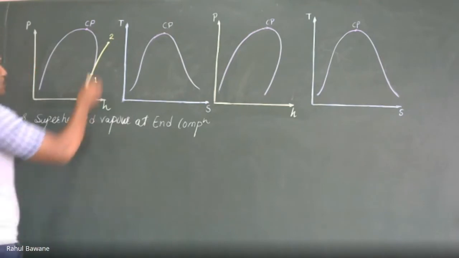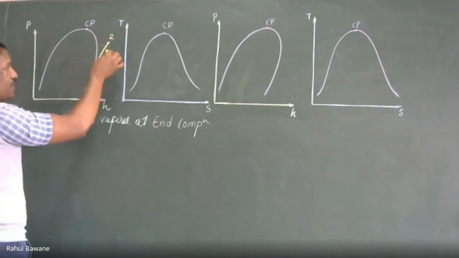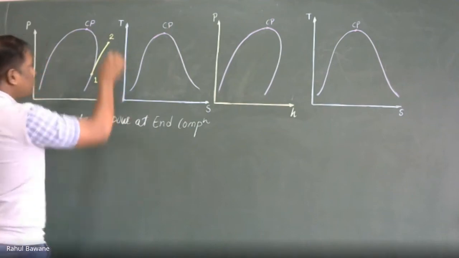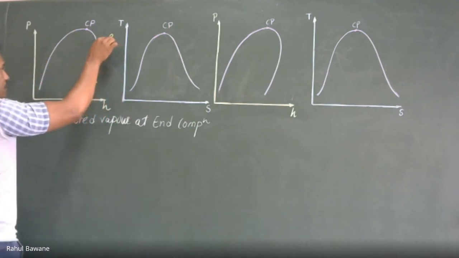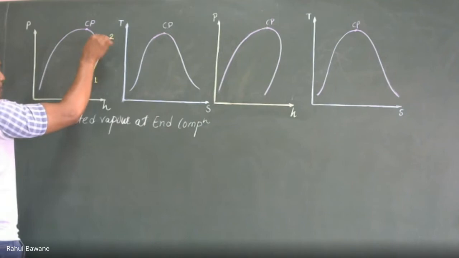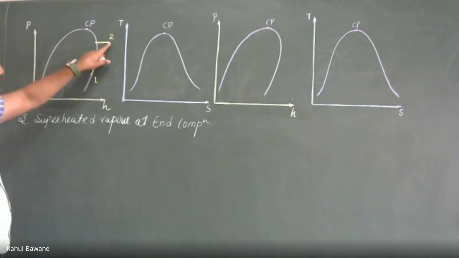So suppose I am reducing the temperature, but pressure remains the same, because in a condenser pressure does not change. So I am reducing the temperature of the superheated vapor. It brings it back to saturation condition. Now my refrigerant vapor becomes dry saturated.